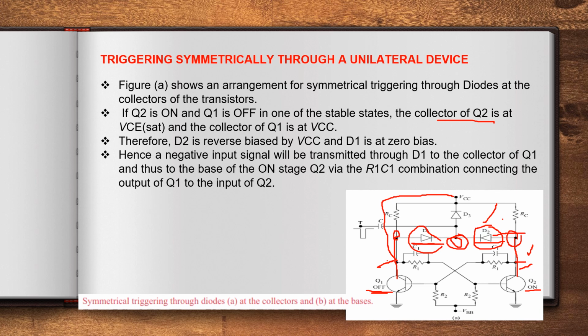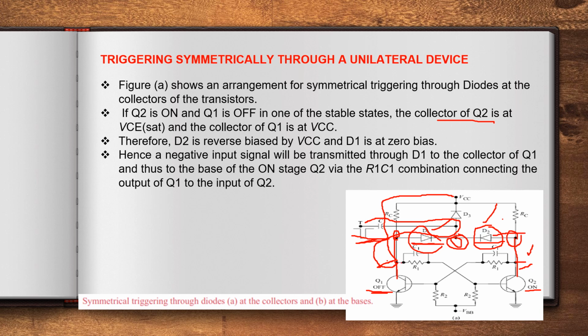So if you apply a negative input signal at this point, it will be transmitted through D1 to the collector of transistor Q1. This negative pulse will travel like this to this point, which means the collector of transistor Q1.